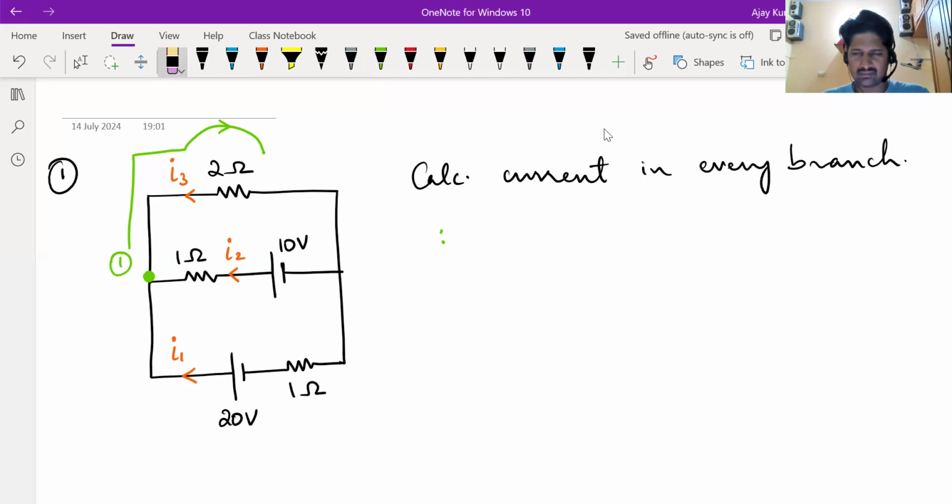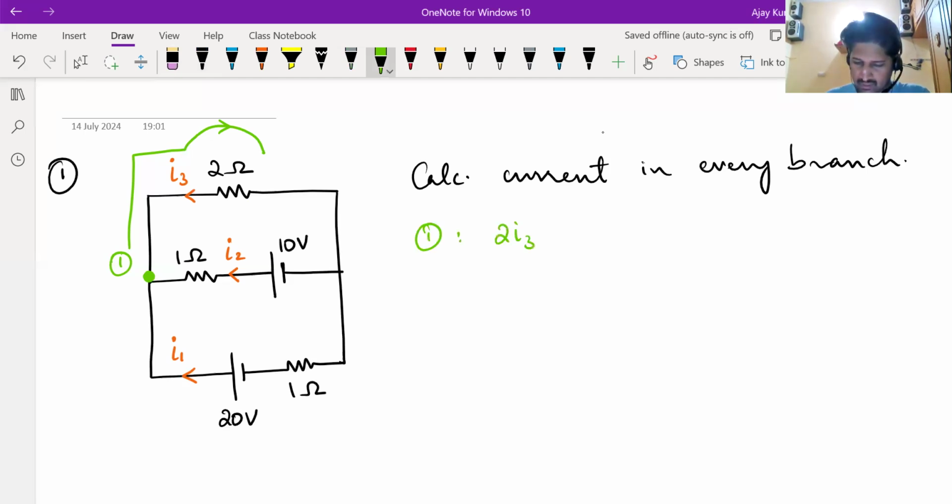Generally, how do you write delta V across a resistor? In the direction of current, you say minus IR. Opposite, you say plus IR. What is I there? The current that passes through that resistor, not somewhere else. Then plus 2 I3. Since you are going opposite to I3, it will be plus 2 I3.